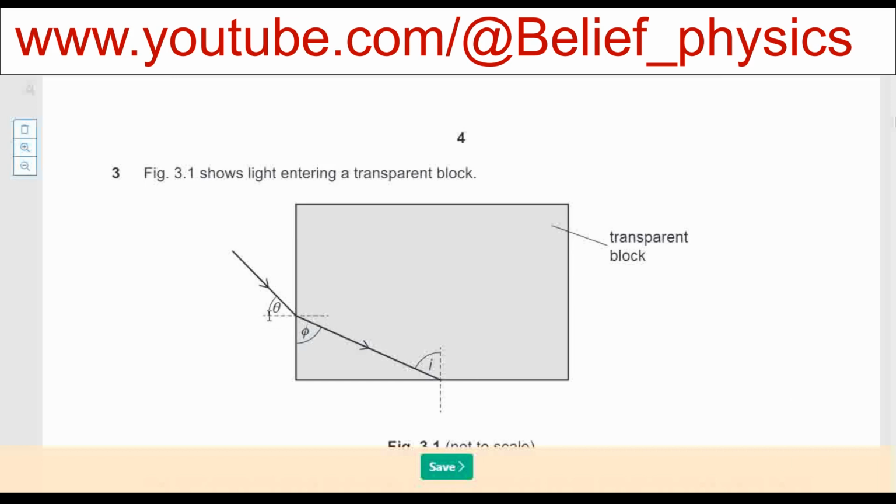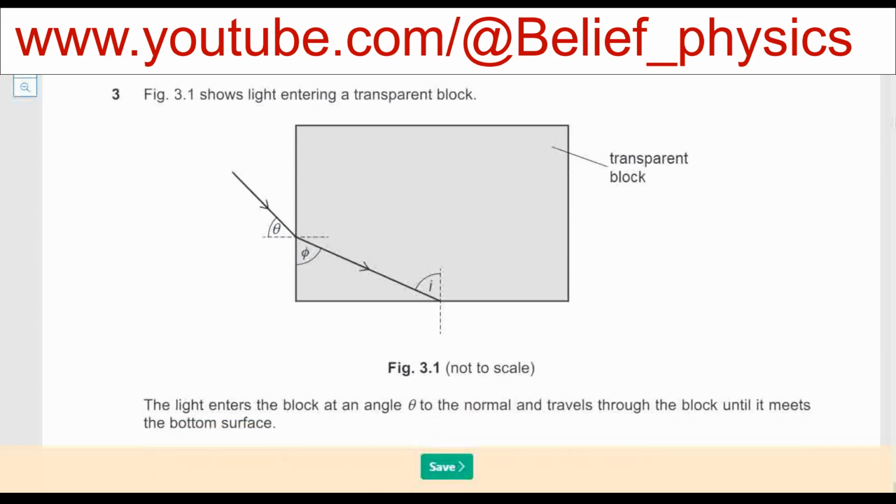This is the normal line, and theta is the incident angle that the incident ray makes with the normal to the surface, and this is the angle that the refracted ray makes with the normal. We can show clearly that the refracted ray has been bent towards the normal.